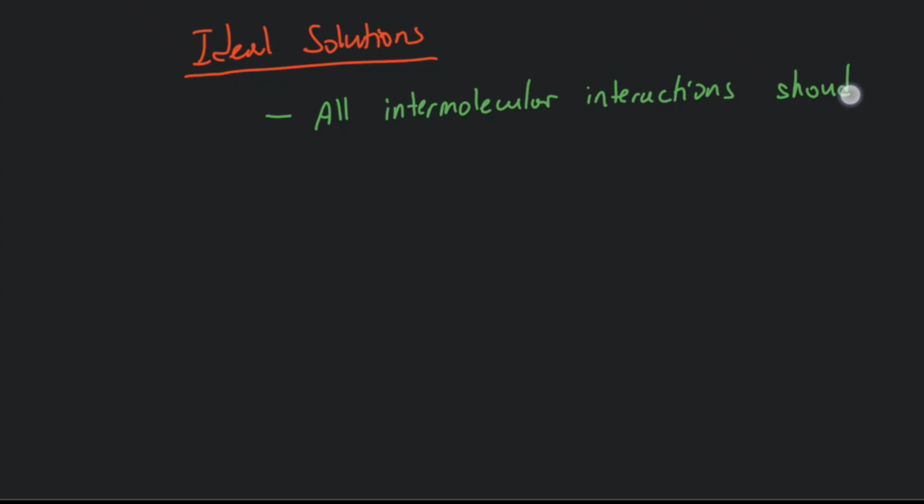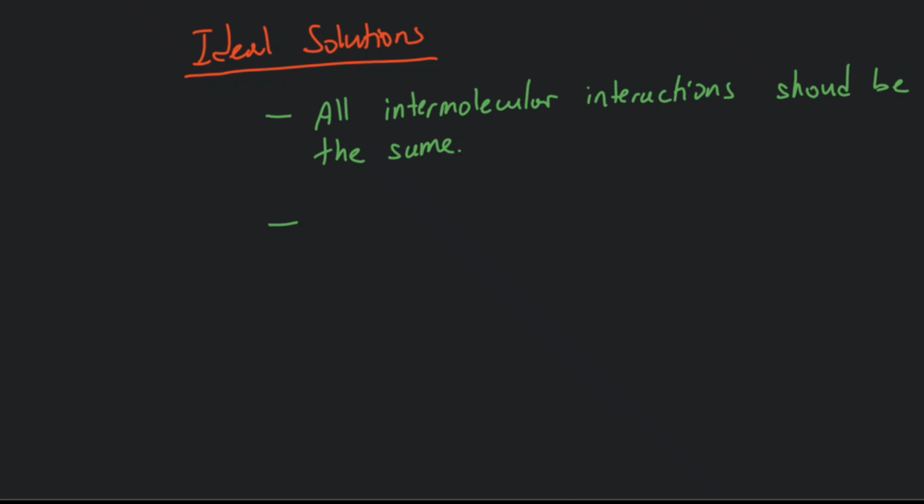But the main thing we have to consider is that Raoult's law is only valid for ideal solutions, and there are not many ideal solutions. The reason is that there are so many requirements for an ideal solution. For instance, the first requirement is that all intermolecular interactions should be the same.